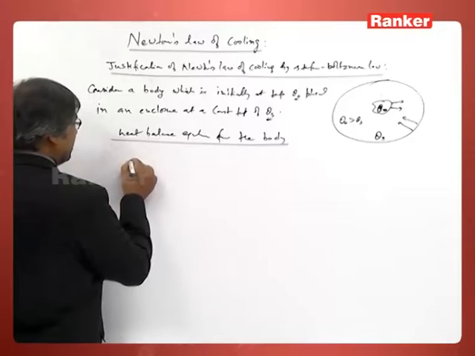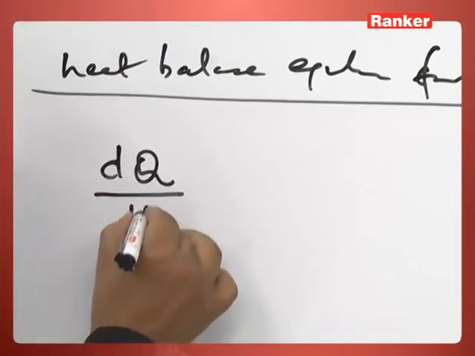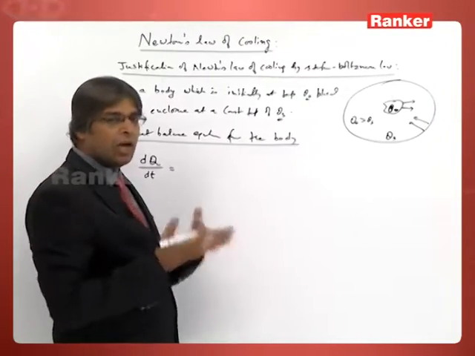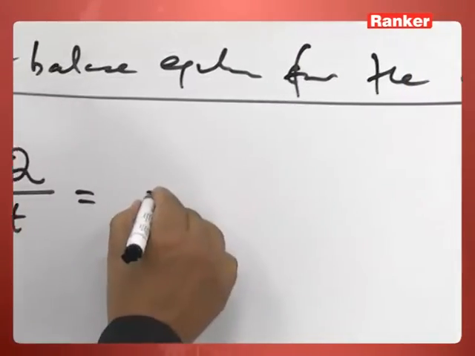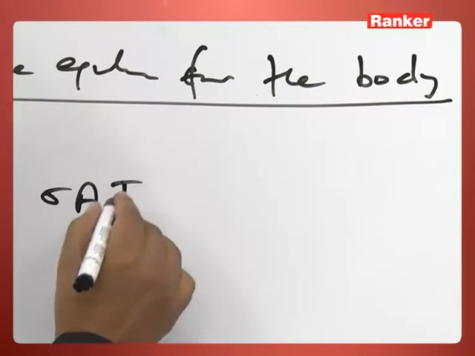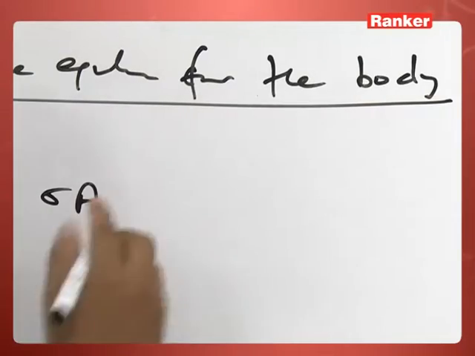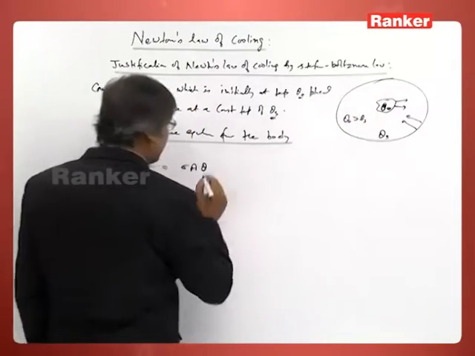So, you see here dq by dt, this is the rate of net heat loss. So, net heat loss is equal to, let us see, sigma A T, suppose its temperature is theta naught. So, let it be at some time it is theta.